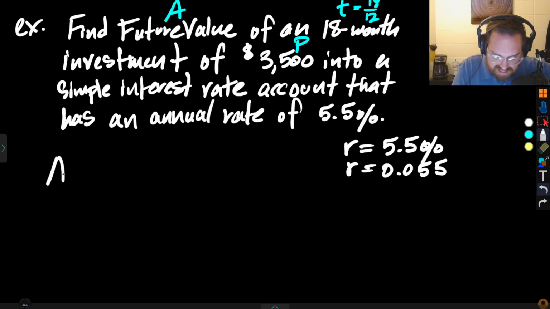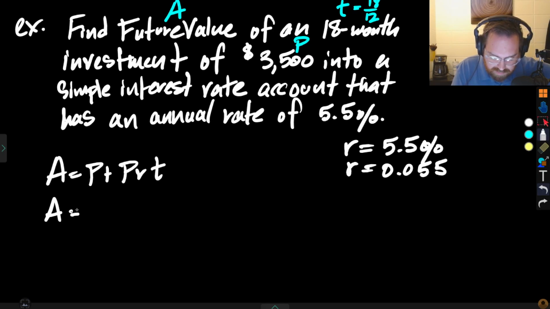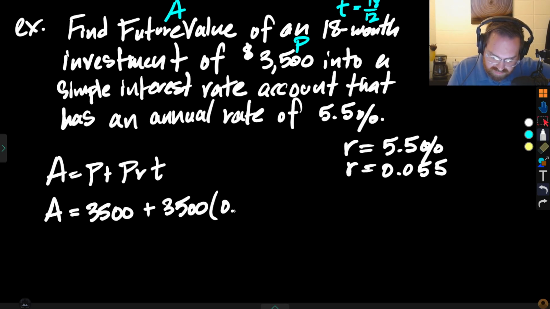So A is going to equal P plus PRT. And I have to determine what that amount is. My principal, 3,500 plus 3,500 times my rate, 0.055, and my time, 18 over 12. You can write it like that. That's fine. We'll just do that.